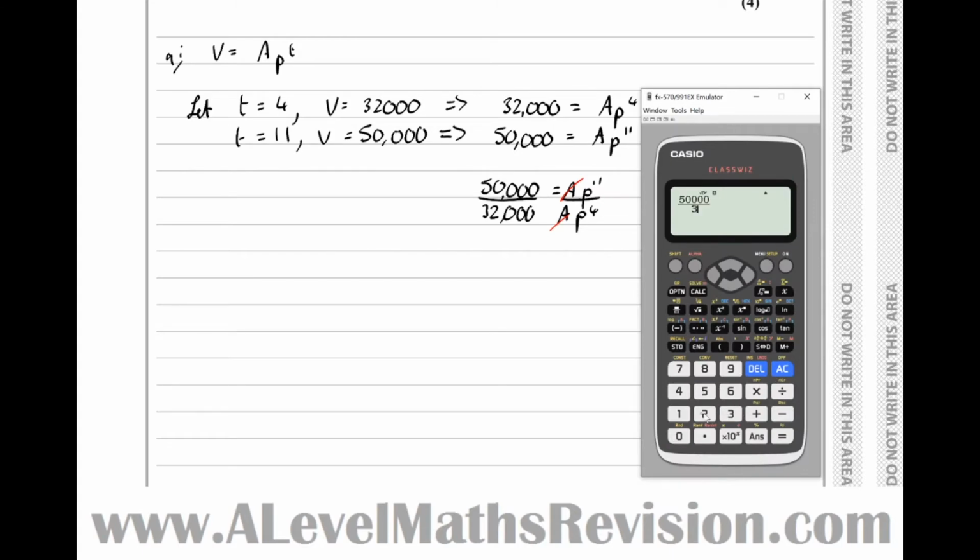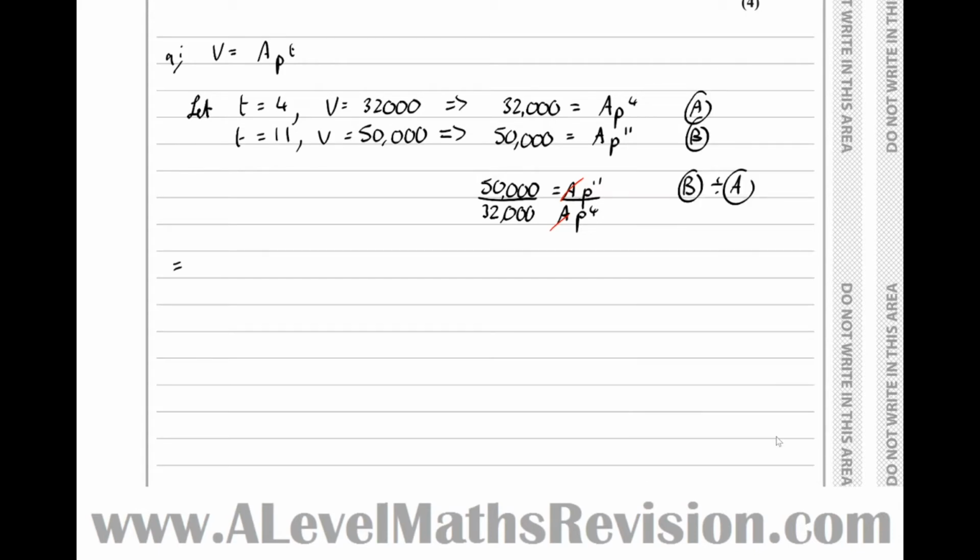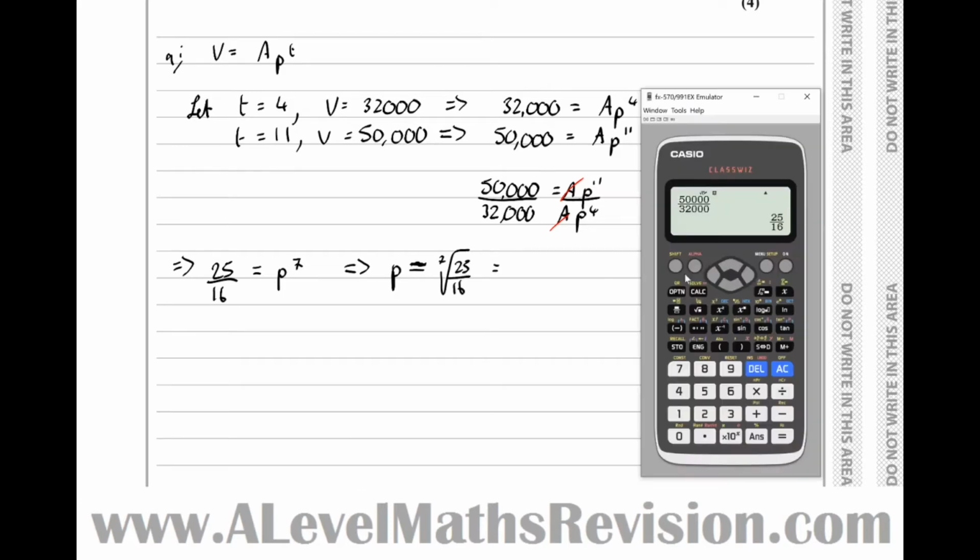over 32,000 equals 25 over 16. So that implies 25 over 16 equals, and that cancels to P to the 7, which means that P is equal to the 7th root of 25 over 16 equals, and let's try and work that out.